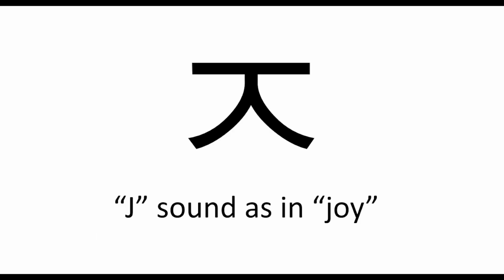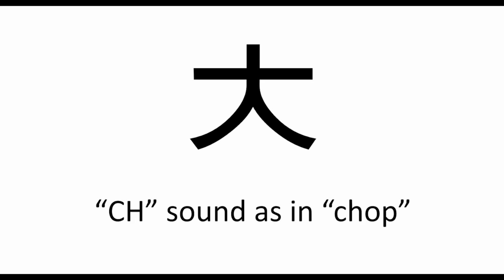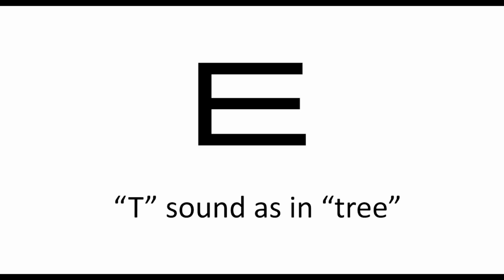Then we've got 지읒, which is a J sound, as in joy. So it's j, j, j. Then we've got 치읓, which is a ch sound, as in chop. So that's ch, ch, ch.